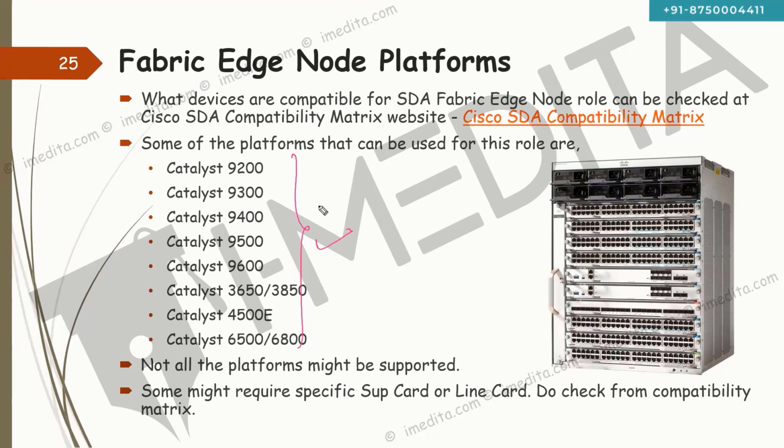Not all the models in these might be supported. Some models need a specific supervisor engine or line card. You need to check it from the compatibility matrix. There are different models of, for example, the 3650 series switch platform. Some came way before others, so not everything is going to be supported. You need to check the SDA compatibility matrix for what platforms are supported for the fabric edge node.